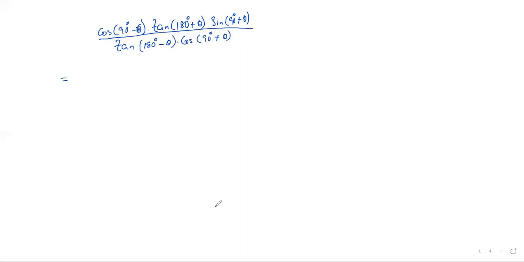Odd multiple of 90, careful. So that will become the sine of theta. 90 minus theta is in the first quadrant. 90 plus theta. This is 180 plus theta. 360 minus theta. Now, this is tangent of 180 plus, which falls in the third quadrant.